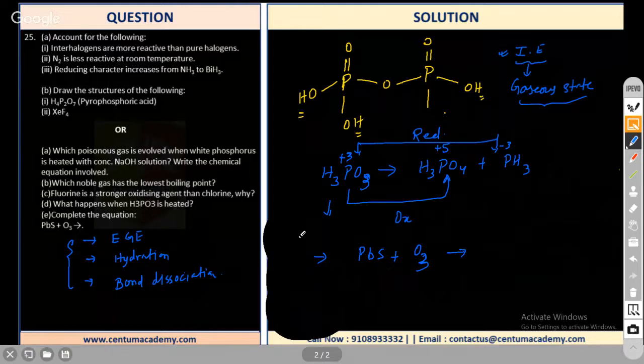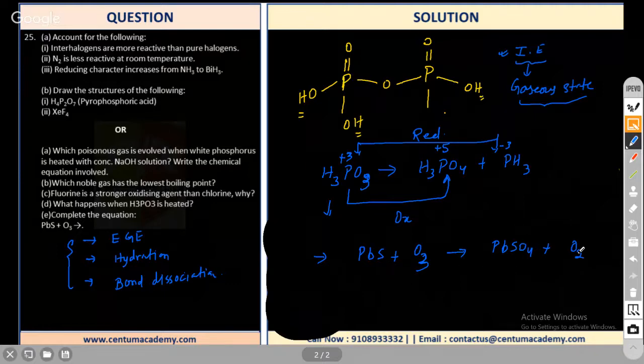Lead sulfate and oxygen. We'll get PbSO4 plus O2. You must write the balanced reaction.